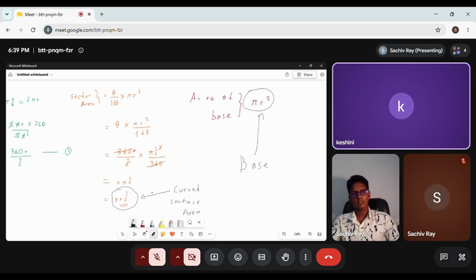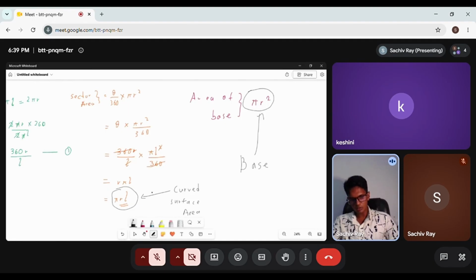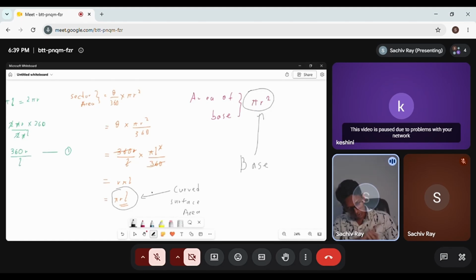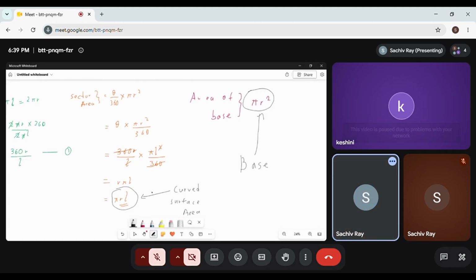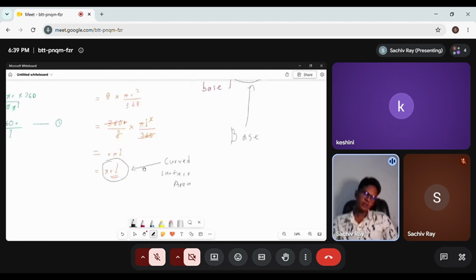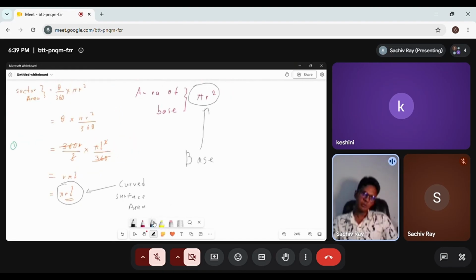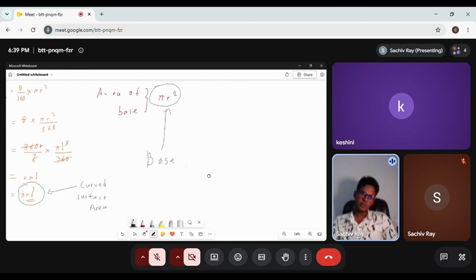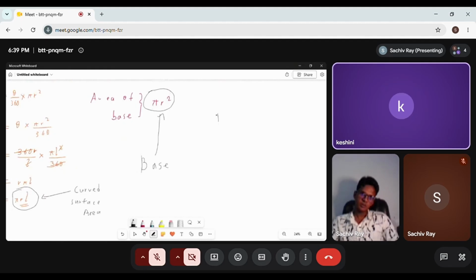Again, they could give us the height of the cone, and just like in the pyramid, we have to use the Pythagoras theorem and find L. L is the slanted height. And then we have to use this formula. So the total area will be what? Total area is pi RL plus pi r squared.